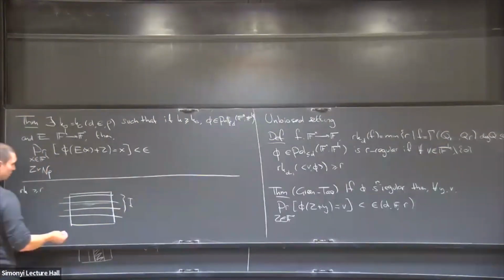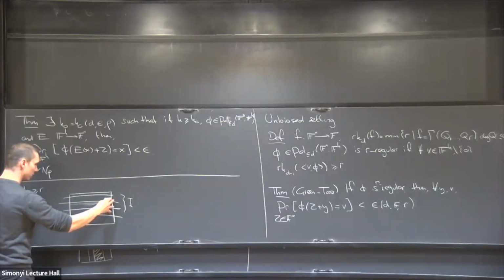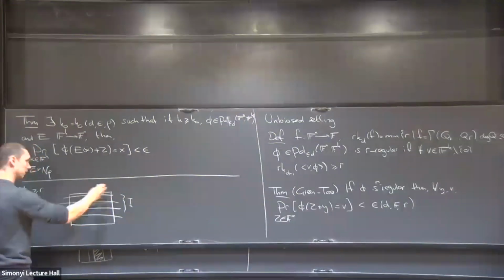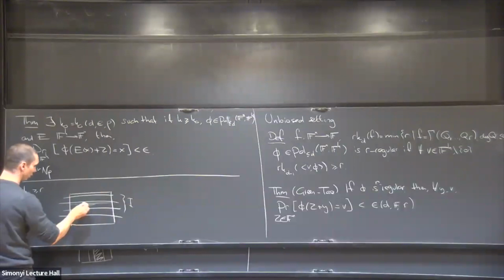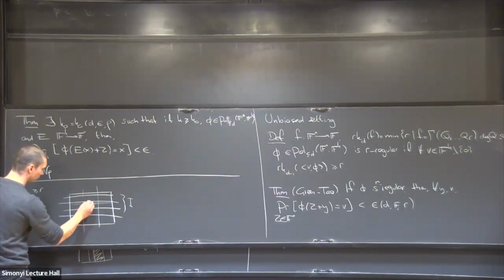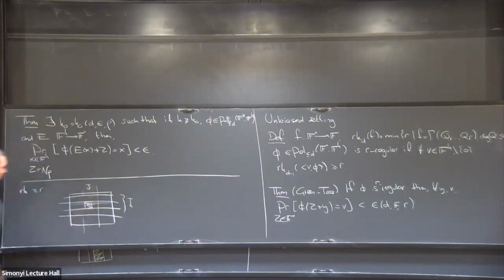Now, if you now independently sample columns, with high probability you're going to sample also a good fraction of the linearly independent columns from this subset I. And so with high probability, the random restriction of a matrix will have high rank because it contains a high rank core in a sense.